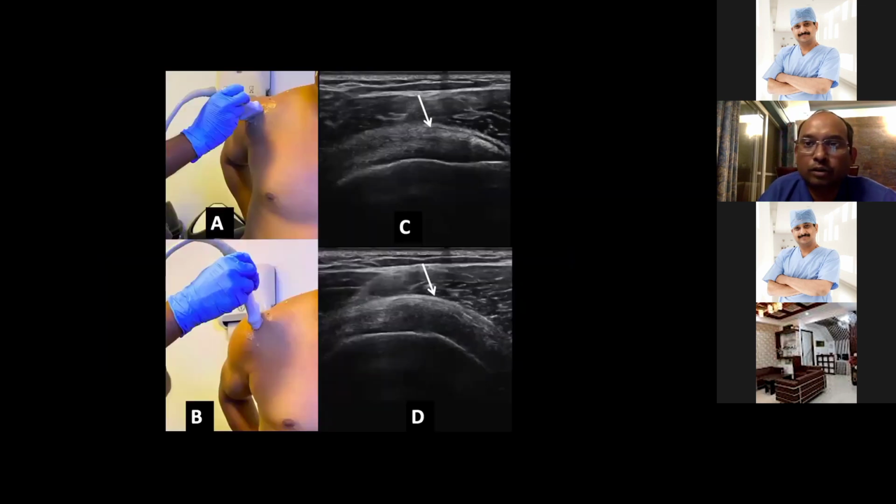Then moving on to the most important tendon of the rotator cuff, the supraspinatus tendon. In order to expose the supraspinatus tendon out from under the acromion, we need to do a maneuver on the position of the patient, which is called the modified Crass view.